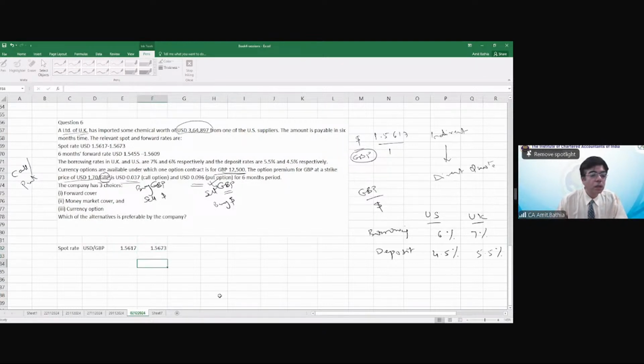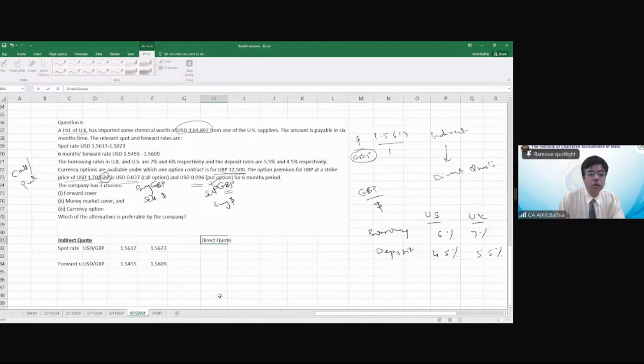And the forward rate is 1.5455 and 1.5609. So this is the indirect quote. I want to make it direct quote. So how do I go about it? How do I make it direct quote?